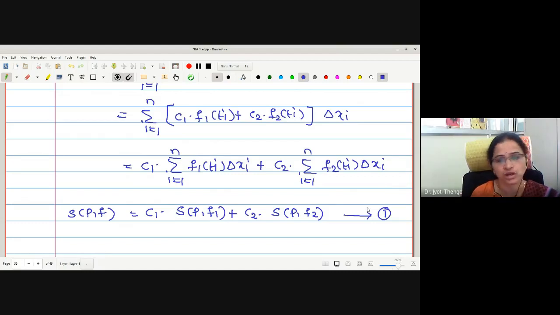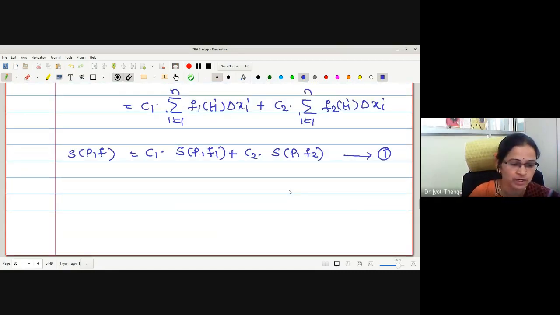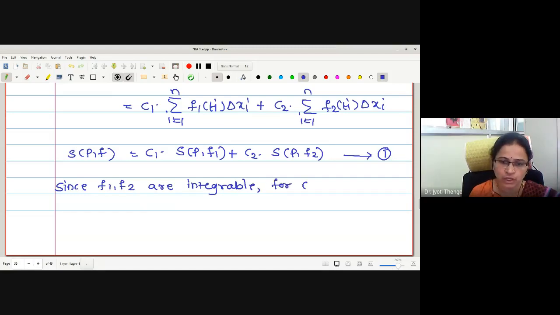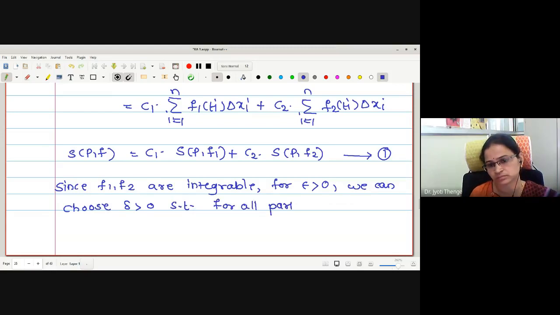Now let us write the definitions of integrability for the functions f1, f2. Since f1, f2 are integrable, for epsilon greater than 0, we can choose delta greater than 0 such that for all partitions P with norm P less than delta.